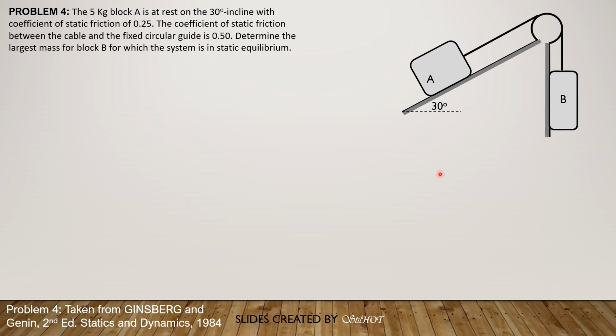So let's apply the forces. We have the weight, the components of weight would be 5 times 9.81 cosine of 30 degrees. That's the normal axis. This component along the plane down is 5 times 9.81 sine of 30 degrees.